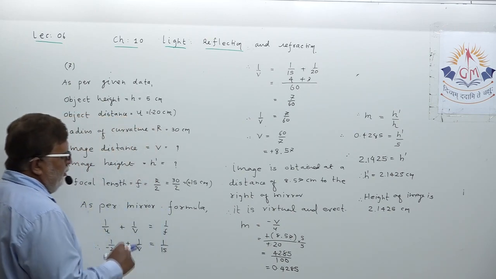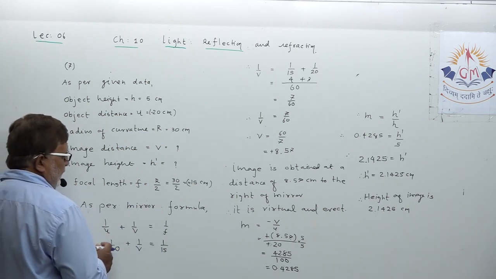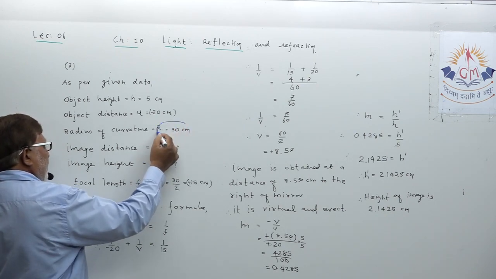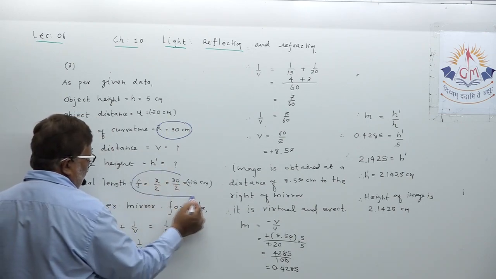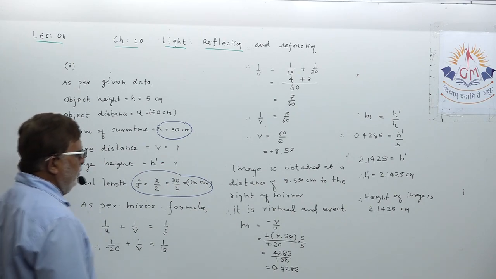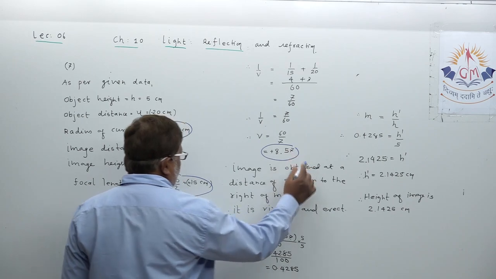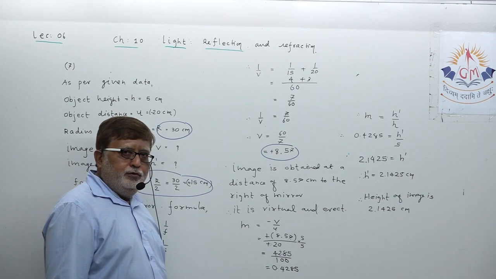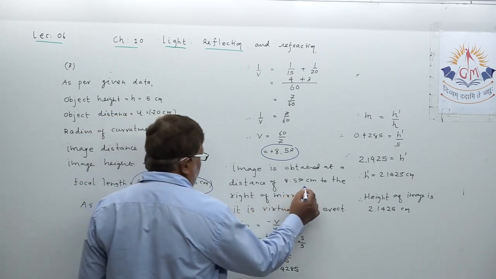Understood? So dear student, if you just verify the example and calculation done here properly, what you will assess out and what you really come to know regarding this. The very first and important thing, dear student, whenever you are given radius of curvature, you have to find focal length. That is first. Second thing, when you get value of V positive, that means image is obtained always to the right of the mirror. I coined another word here also.